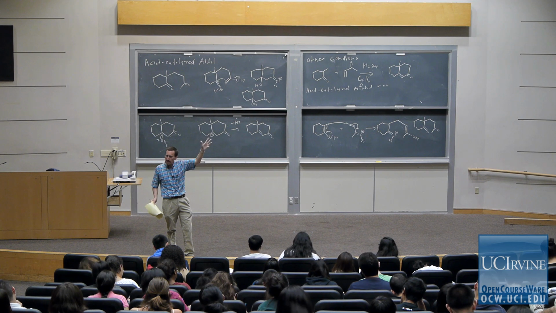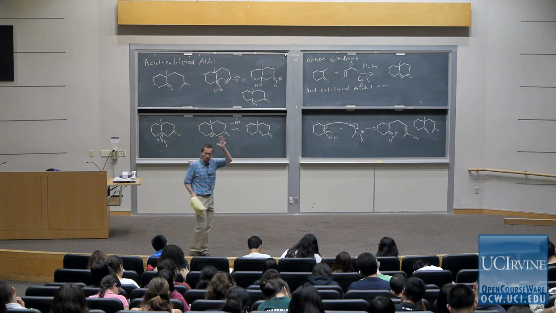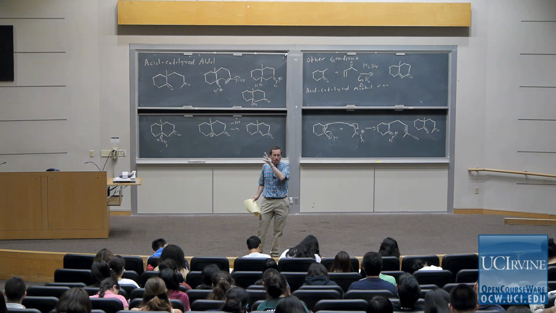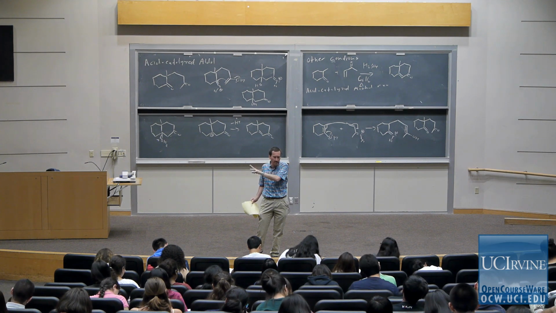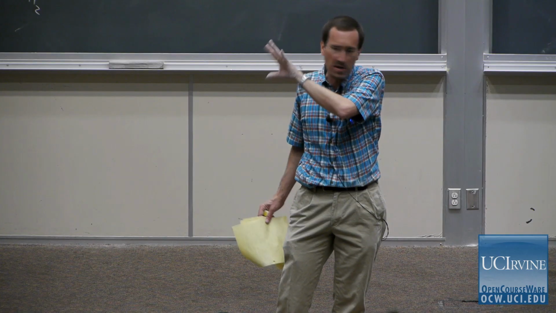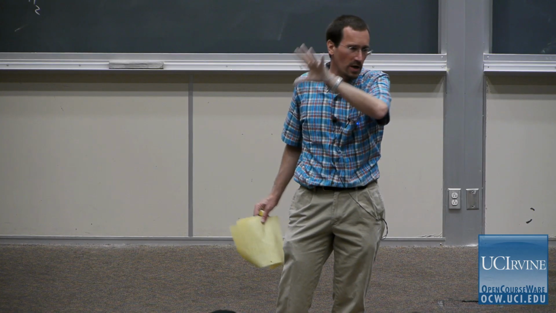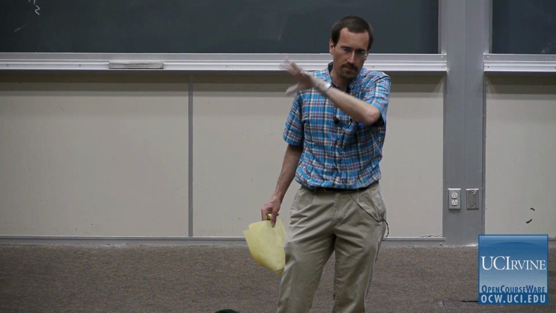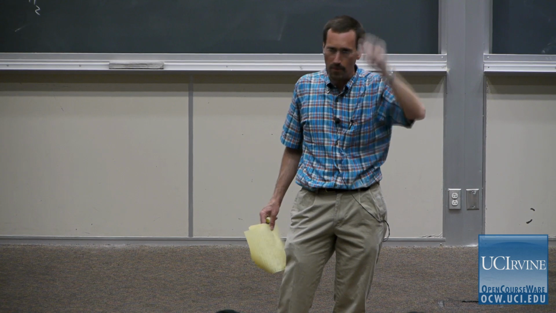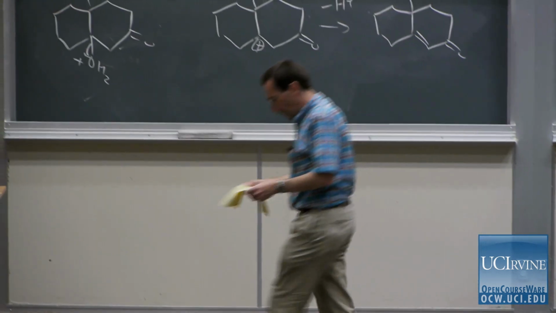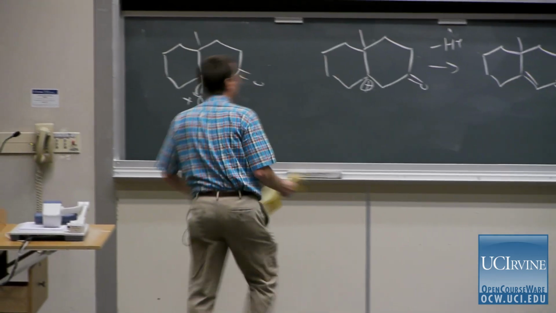Enolate with a carbonyl or enol with a protonated carbonyl. Dehydration by an E1CB mechanism, remember that's what I called it when we talked about a Michael, we talked about the aldol dehydration under base conditions. It's elimination unimolecular conjugate base. It means you pull off a proton and then do an elimination, or elimination by way of forming a carbocation.